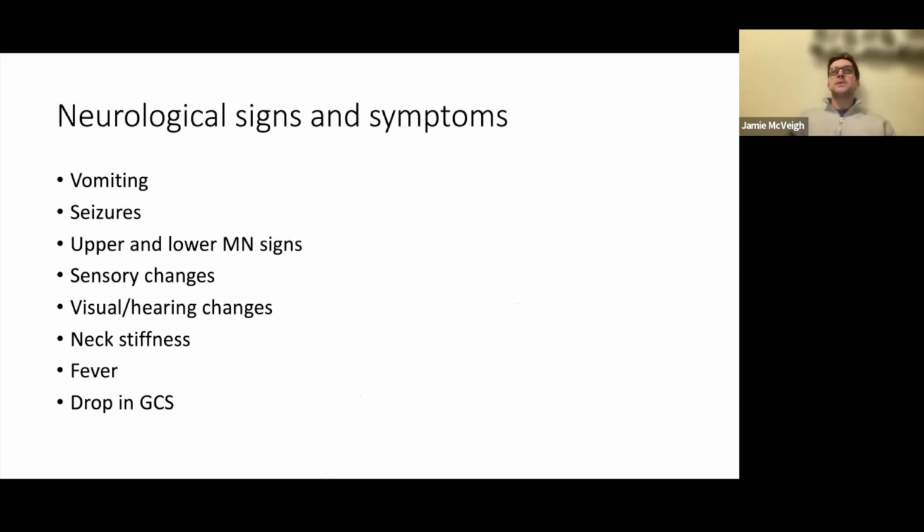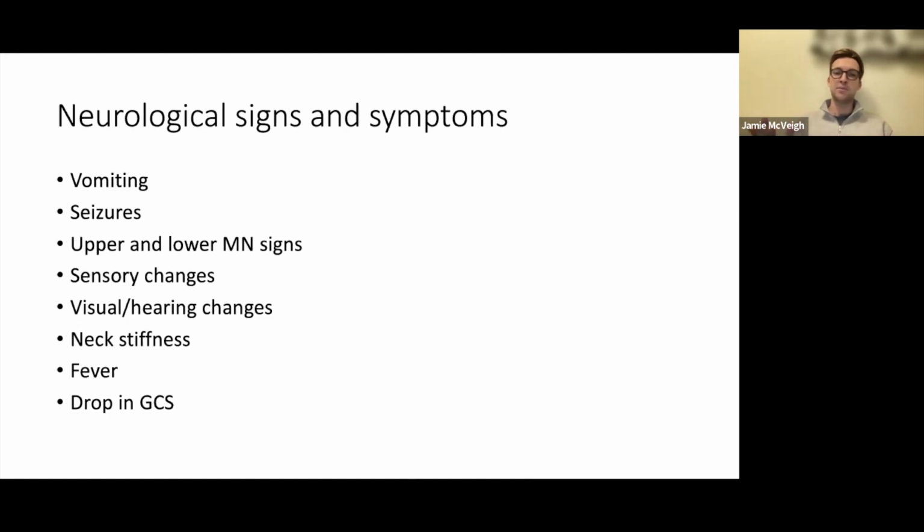So other signs and symptoms to be aware of when you're talking about headaches. In your history, you do your A to E, obviously, and you'll be guided by how stable the patient is with that. But if they are more stable, you think about your history, think about SOCRATES for pain, which is really important. And with associated symptoms, it's good to think about these here. So vomiting, seizures, have they noticed any neurological changes?